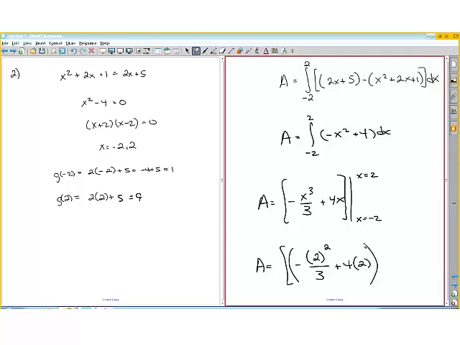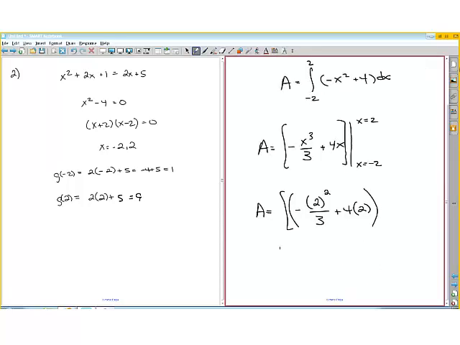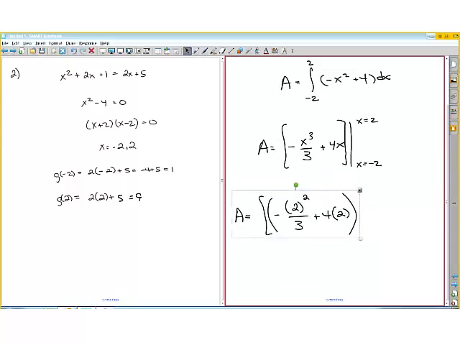So that's the function evaluated at the upper limit, and then we evaluate it at the lower limit. We subtract it, and you have negative, the quantity negative 2 cubed over 3 plus 4 times negative 2.